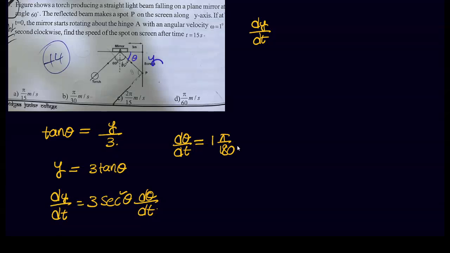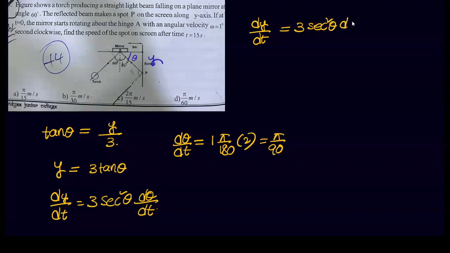The mirror is rotated by theta, but the reflected ray is rotated by 2 theta. That's why we need to multiply by 2, so it comes to pi by 90. So dy by dt is equal to 3 into sec squared theta into d theta by dt, which is 3 into sec squared of the angle.